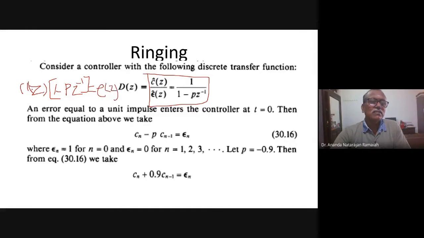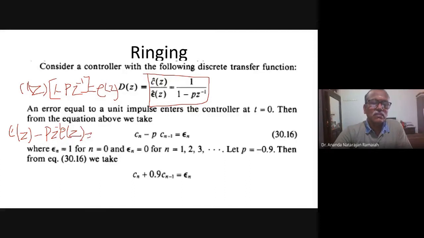If you write this in time domain, before that let us multiply inside. C of z minus p z power minus 1 C of z equal to E of z.